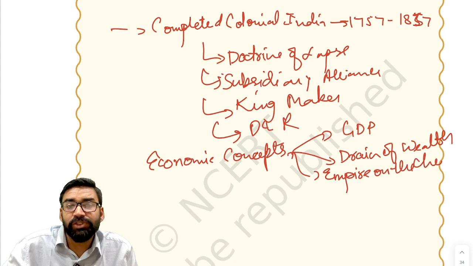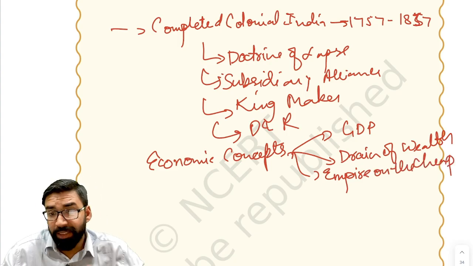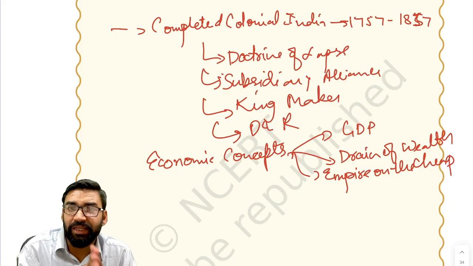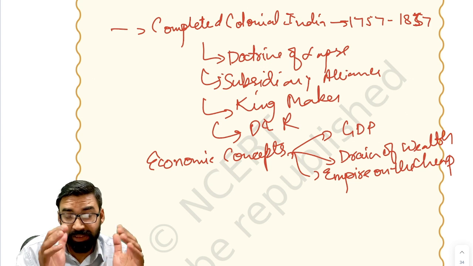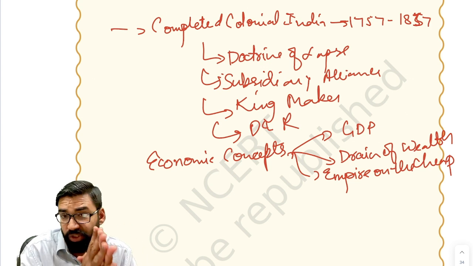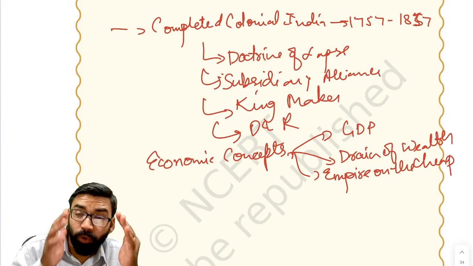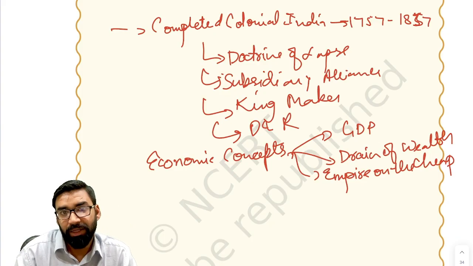So I hope this much is clear to all of you. So finally we have completed all the chapters related to history from class 8th NCERT. Fine. So I hope this much is clear. This chapter is wonderful, as it gives you the basic and holistic view of colonial India.